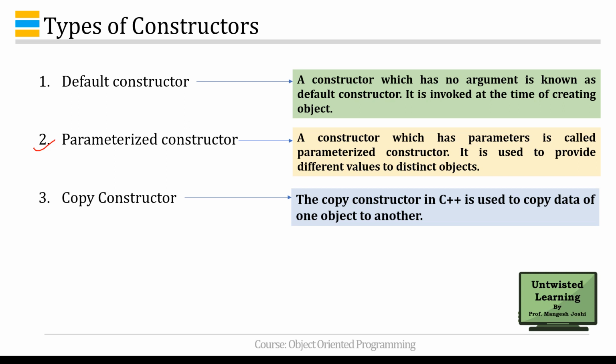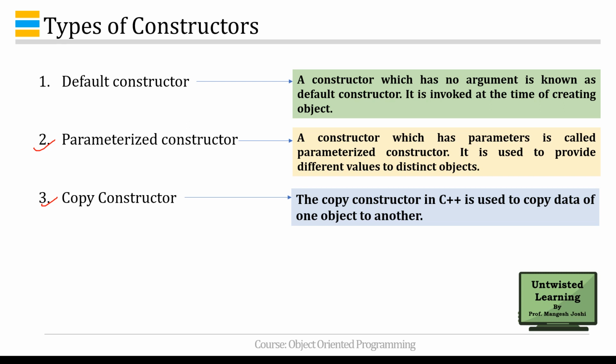A constructor which has parameters or arguments is called a parameterized constructor. It is used to provide different values to distinct objects. Third is the copy constructor. It is used to copy data of one object to another.